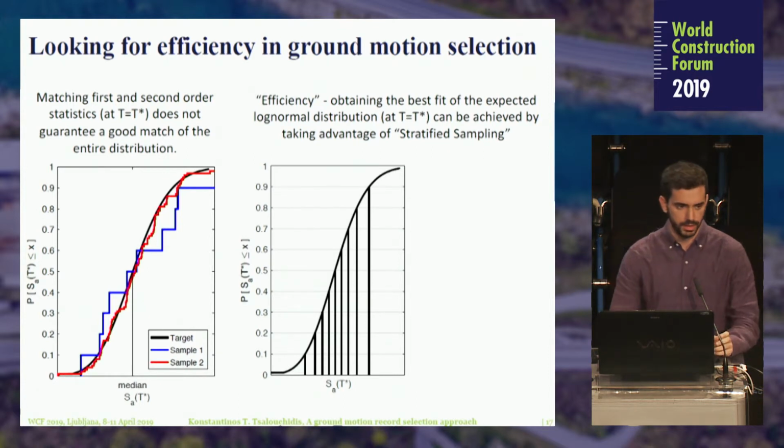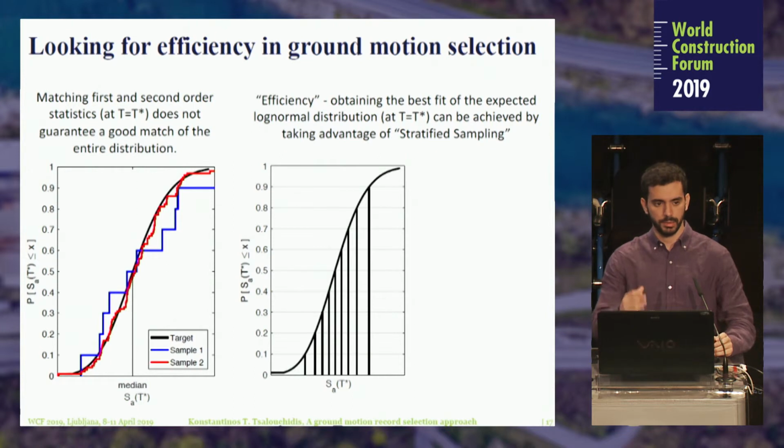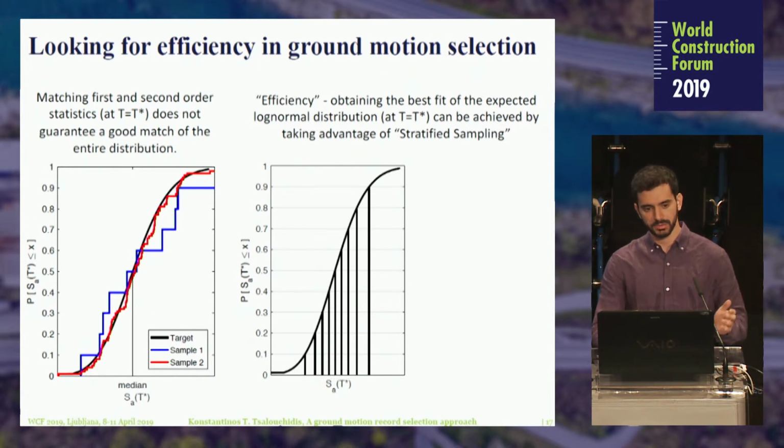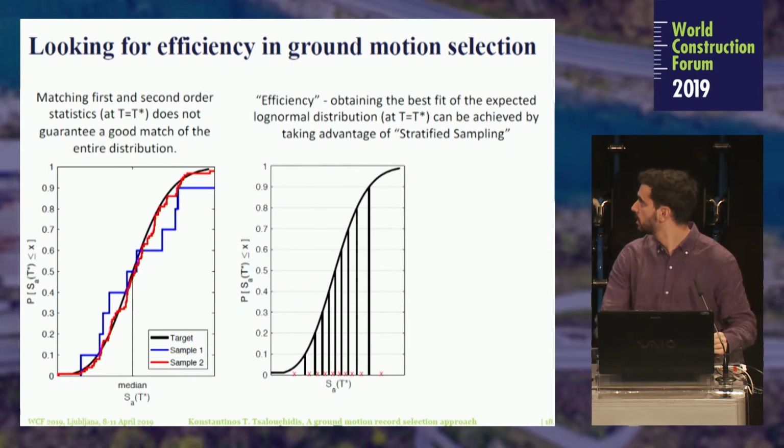What this simply is, is dividing the probability space into equal spaces. Here I did it for 10% probability spaces, and then obtained the corresponding subspaces on our variable. Ideally we would generate numbers randomly inside each of these subspaces. Of course, here we select ground motions.